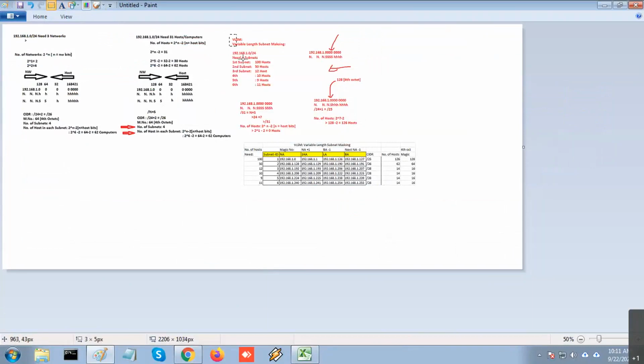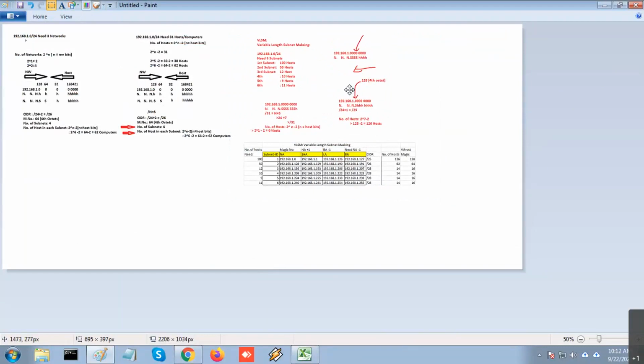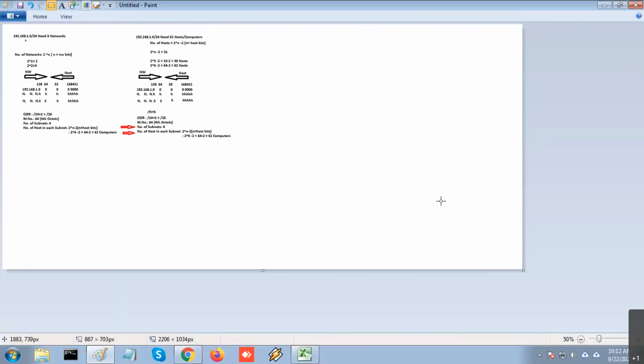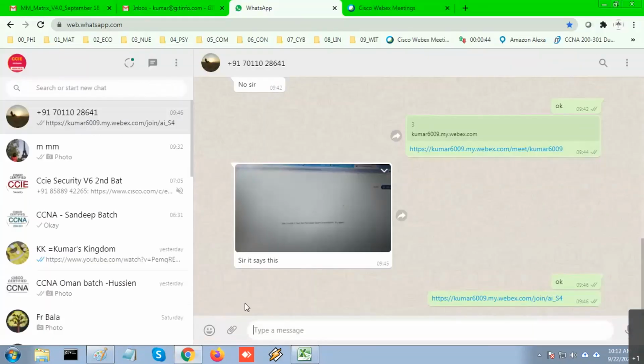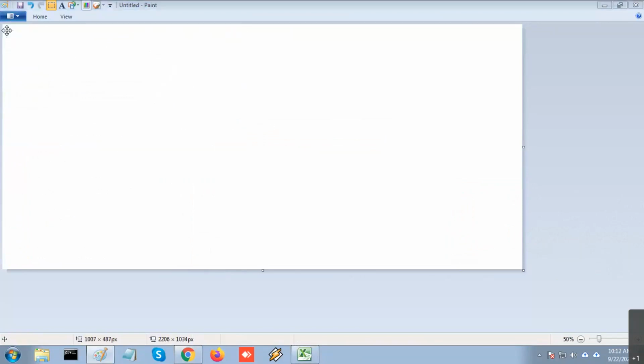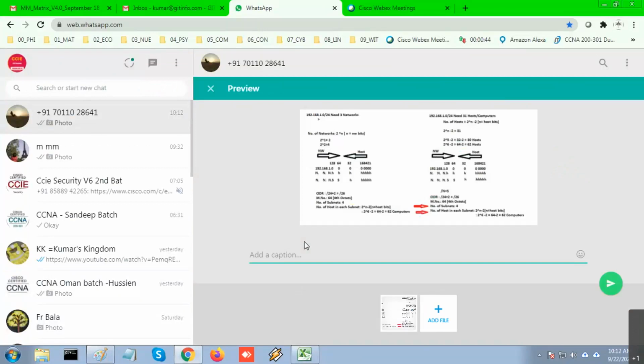Try to do this. VLSM is clear? Yes. That's it. This is the maximum. Then you practice. The more you practice, the more clarity you get. It's not difficult. Whenever you have any questions, you ask me and we'll discuss.